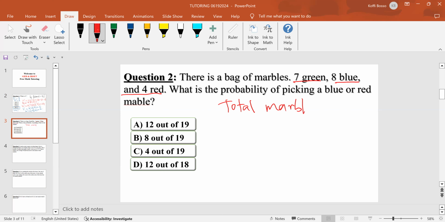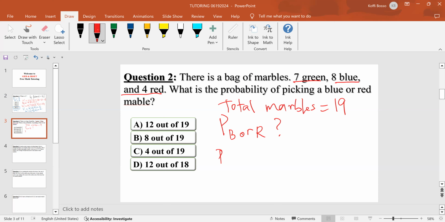Total marbles are 19. So the blue marble would be 8 out of 19, and the red marble alone would be 4 out of 19.